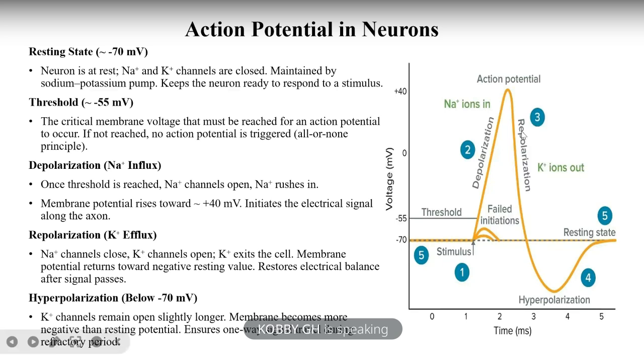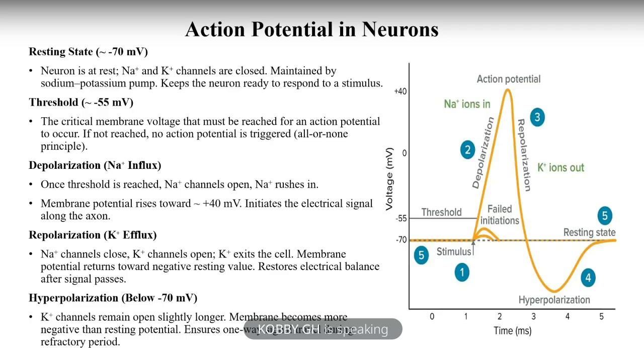Is that okay? Great. Then the cell gradually comes back to rest. And this process is what we call action potential. So if someone asks you to explain action potential, or explain potentials in the nervous system, you tell the person that we have two types of potentials: membrane potential and action potential.